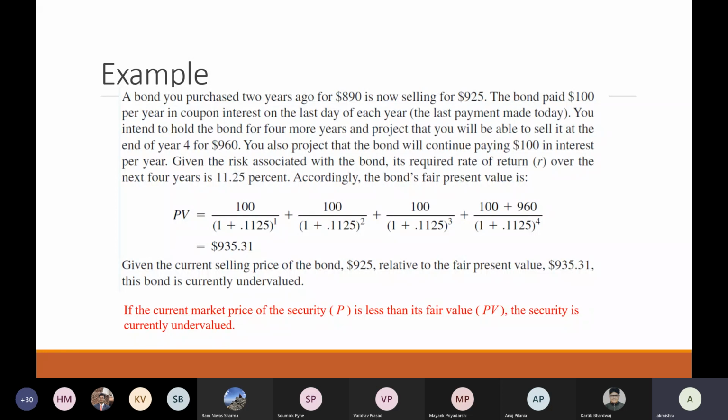If you read this problem, it says that a bond you purchased 2 years ago for 890 is now selling at. So basically this is your T is equal to 0, because now we are standing here.